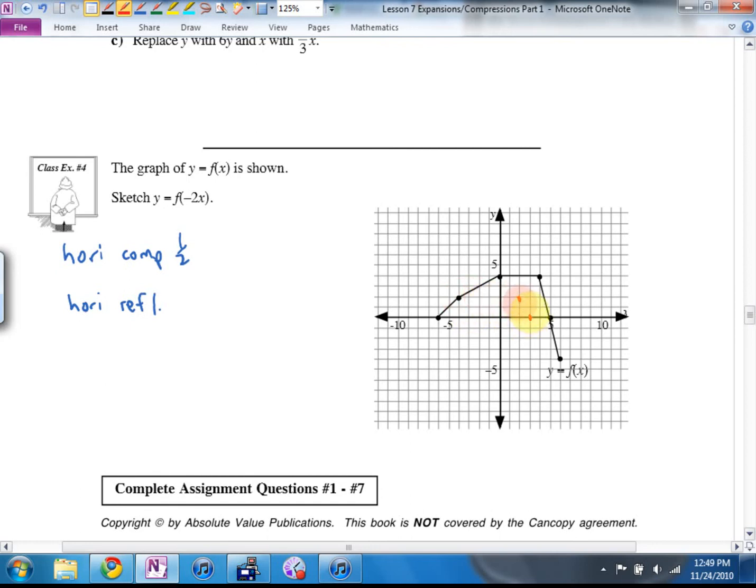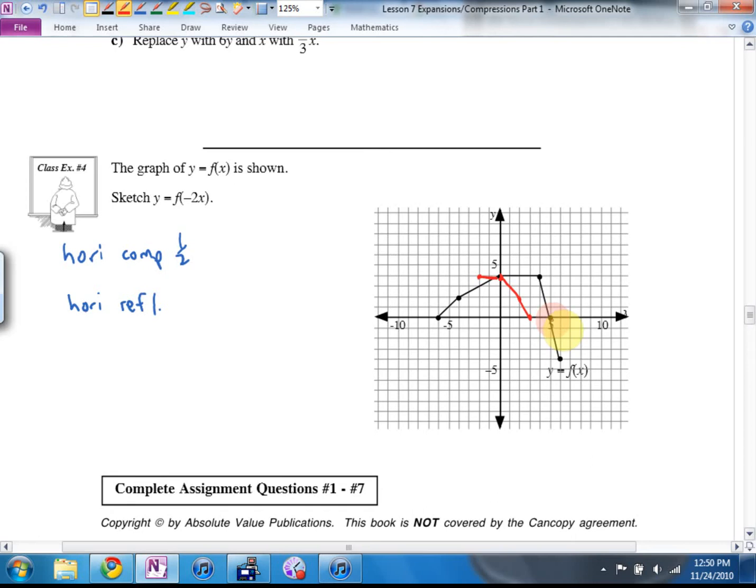What about this point right here? Fancy word? Invariant. Connect them. Oh, this point right here. +4, compress. +2, reflect. -2, connect. This point right here. Okay, we're going to deal with a decimal, because what's half of 5? 2.5, reflect. -2.5.